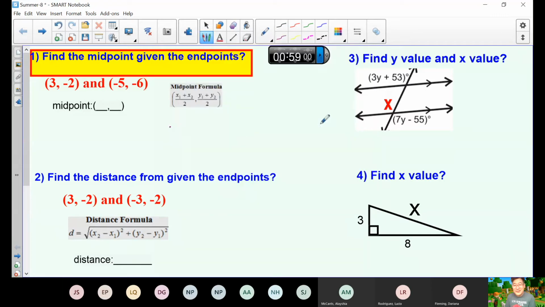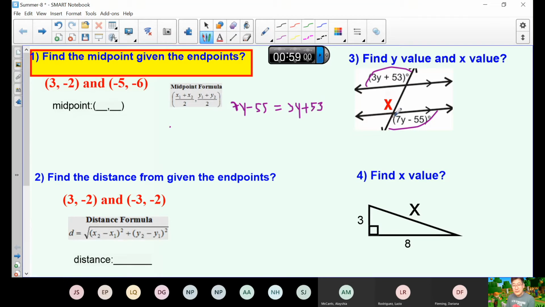Anyway, so this and this alternate exterior angle. So okay, opposite side and outside of a parallel line. So they are same. So we set it up. 7y minus 55 equals 3y plus 53.